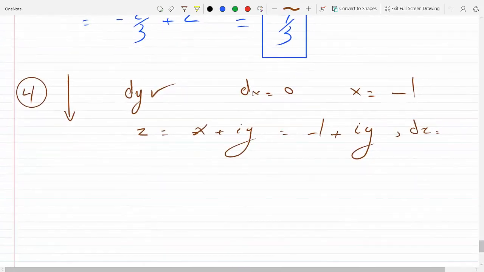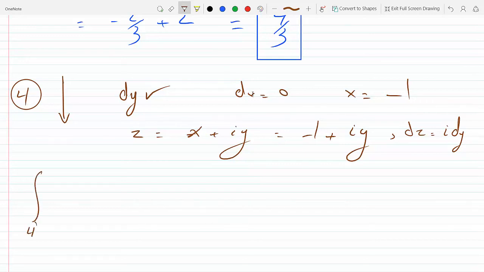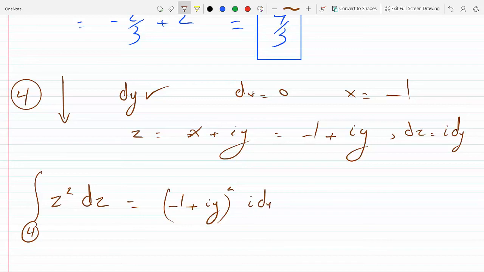Yeah, so dz is just i dy. So now I'm going to integrate on path number 4, z squared dz. So we said that z is minus 1 plus iy, squared, times dz, which is i dy.